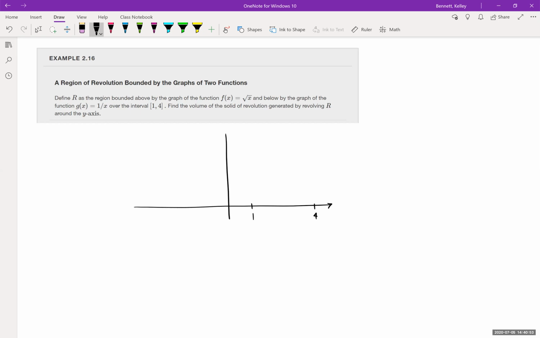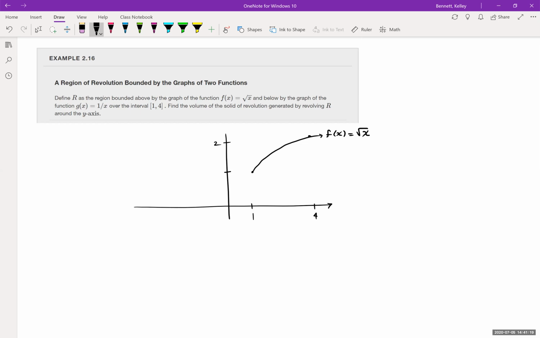So for f of x, when x is 4, we should be at height 2. And then when it's 1, we should be at 1. So this is f of x equaling root x.